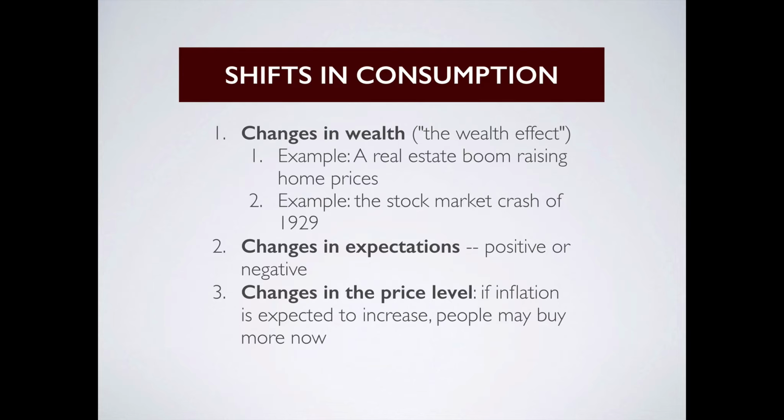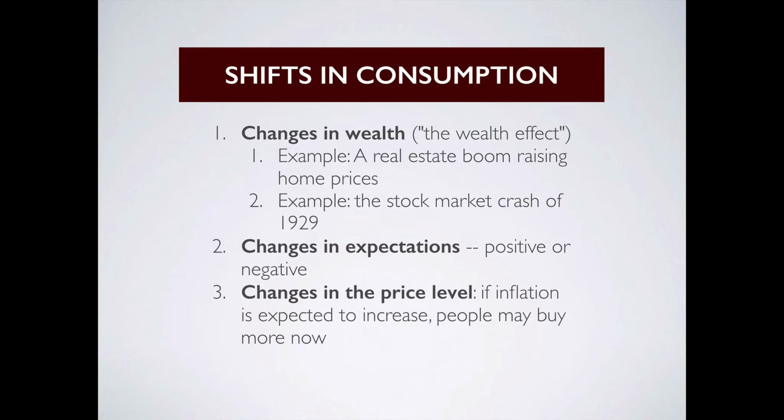So macroeconomically, this positive psychology, Keynes at other times calls it simply expectations. So 1 and 2 are similar. 1 is specifically related to changes in the value of wealth. 2 is any kind of positive or negative expectation. These things shift consumption. Let's do a negative example.